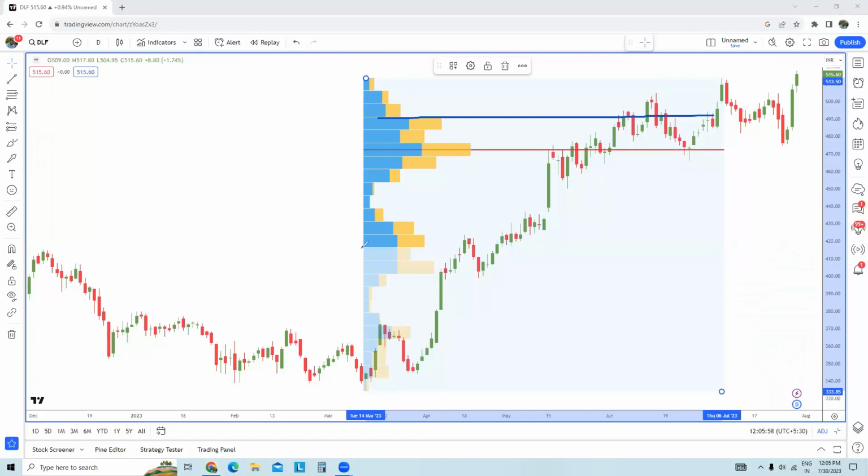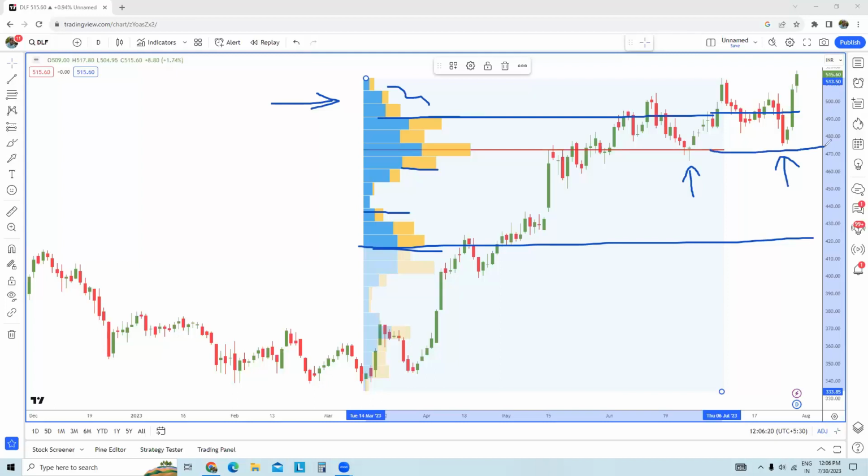This is the first zone which I'll take into consideration where the maximum volumes have been generated. There are a lot of volumes, but the majority I will say is in this zone and this zone. And you can see how nicely the POC of the volume profile has been able to share the accurate levels in DLF. From this zone, 470, 475, twice the stock has rallied pretty nicely from 475 to around 512 to 515, a decent momentum on the upside, right?